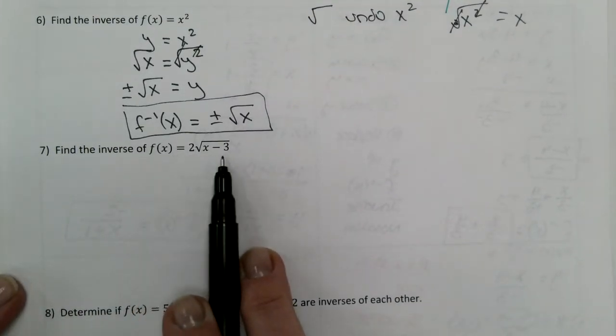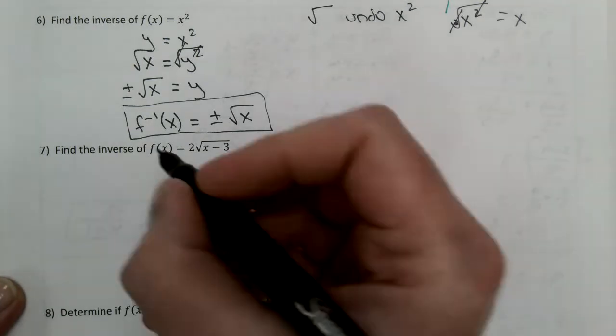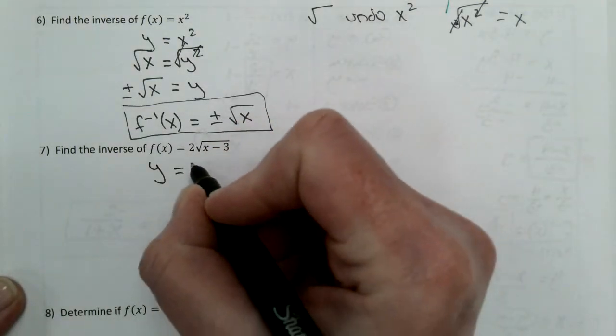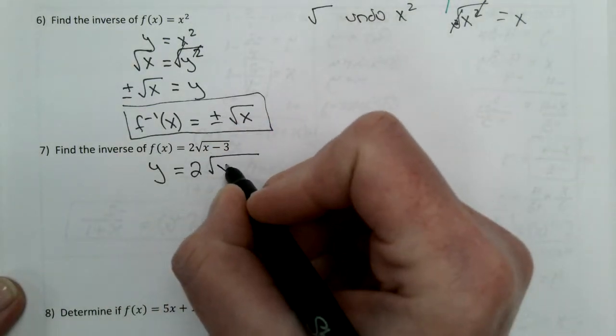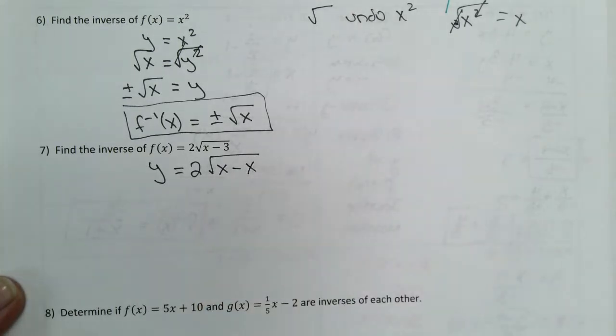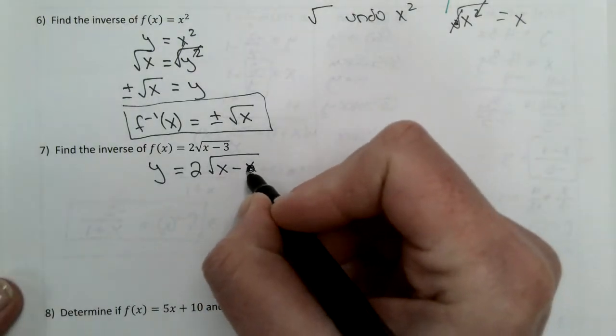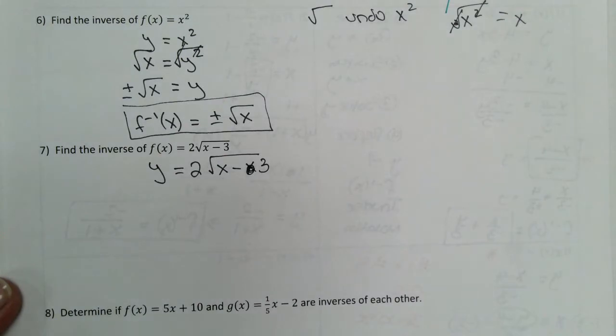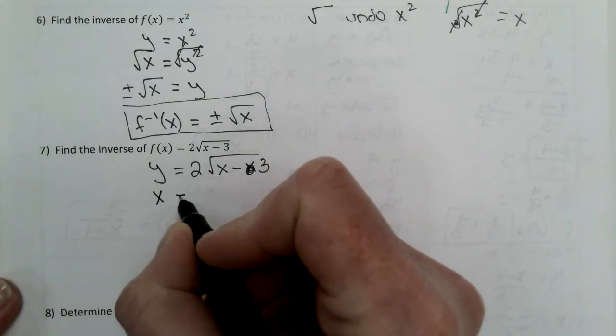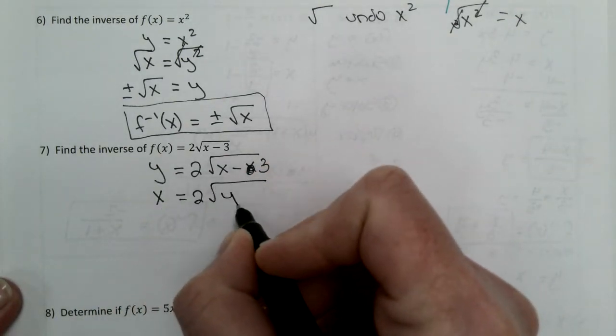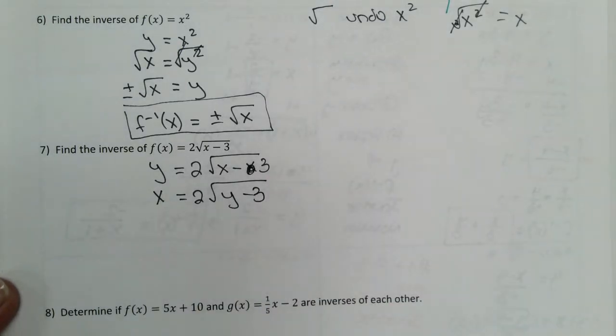Find the inverse of this radical function. So y equals 2 times the square root of x minus 3. Switch x and y, so x equals 2 radical y minus 3.